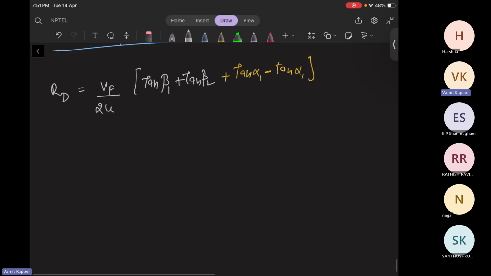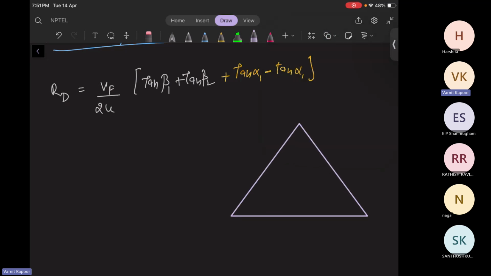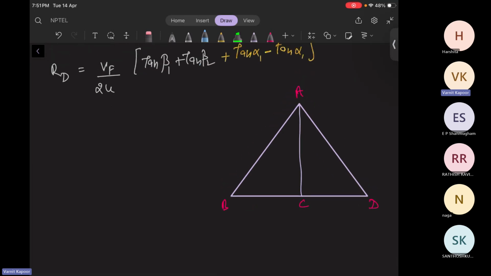So again, let me draw one more figure separately. This is your triangle A, B, D, this was your C. Let us say this much is X, your BC is X, and let us say your CD is Y. Let us say like this. All right.